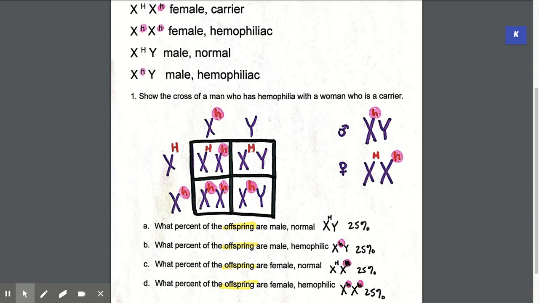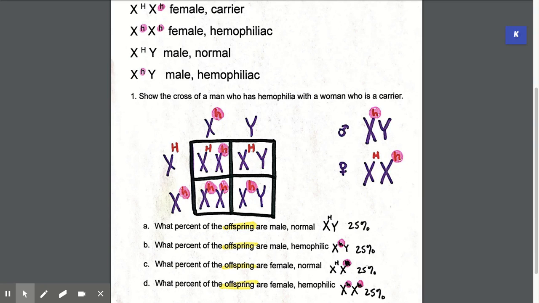We fill in the boxes in our Punnett square. We fill in across, and then across again. Hopefully you are all following along, and down. Feel free to pause the video anytime you need. Let's bring that Y chromosome down. And it might help to even do this on your own.